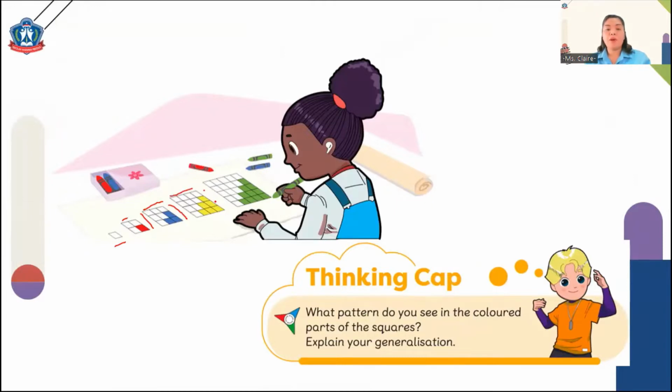And 4 by 4, how many yellow colors? 1, 2, 3, 4, 5, 6. So we have 1, 3, then 6. And 5 by 5, how many green colors? 1, 2, 3, 4, 5, 6, 7, 8, 9, 10. So look at the pattern. Can you make a generalization? If you know, you can share that during our class.